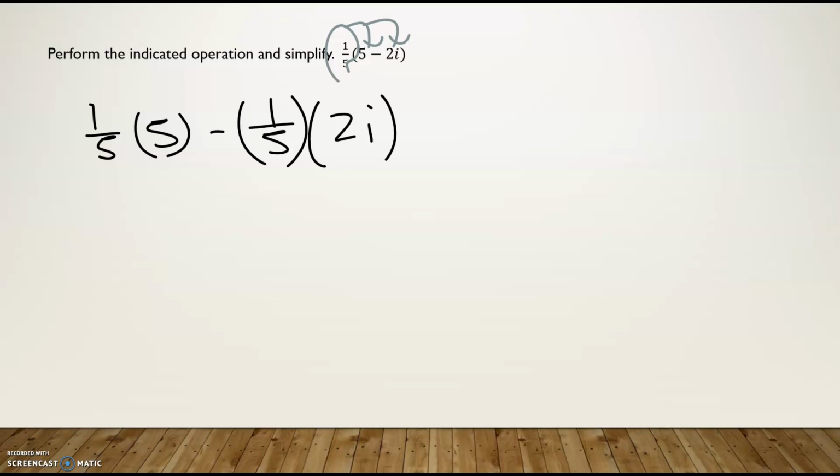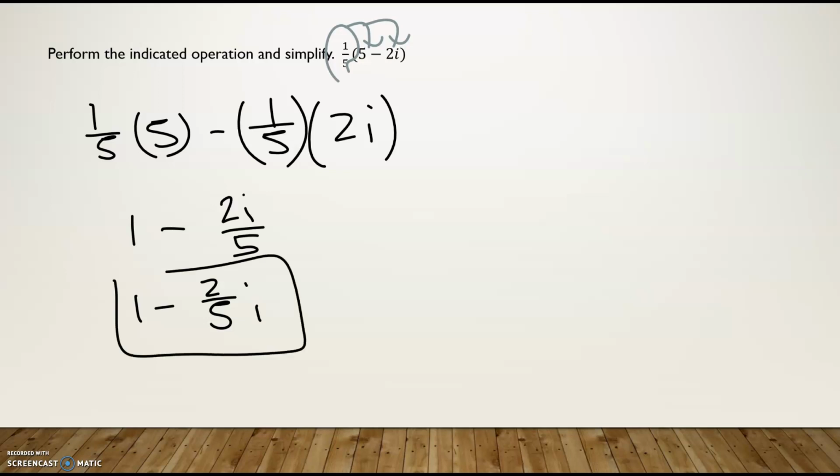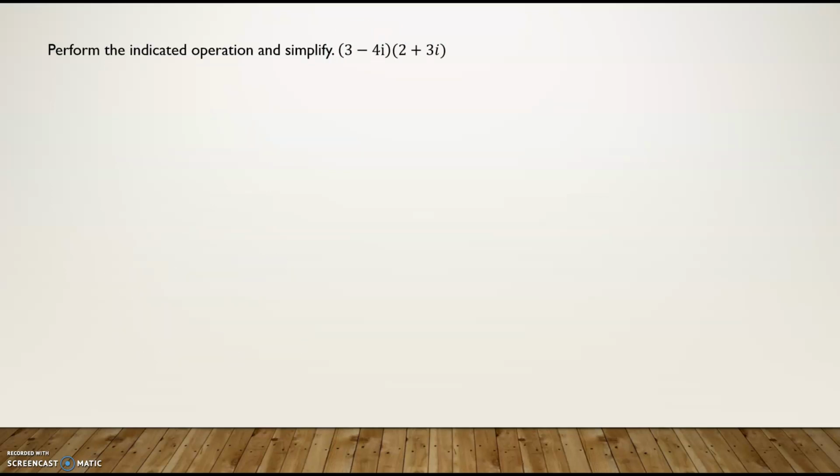So 1/5 of 5, that's like 5 over 5, so that's 1 because it'll cancel out, minus 2i over 5. And you could write it as 1 minus 2/5 times i. And that's it.